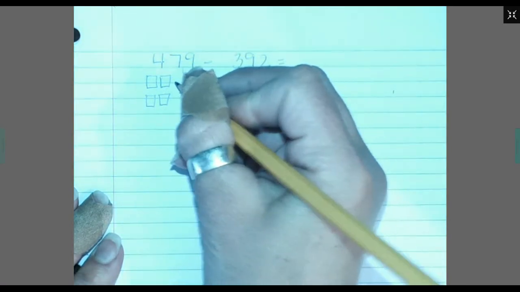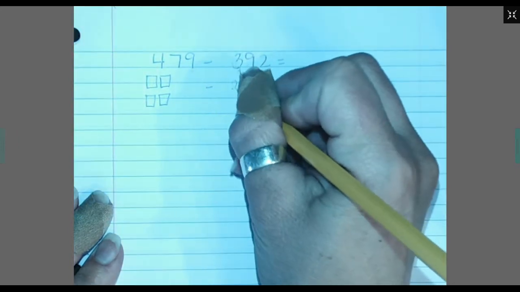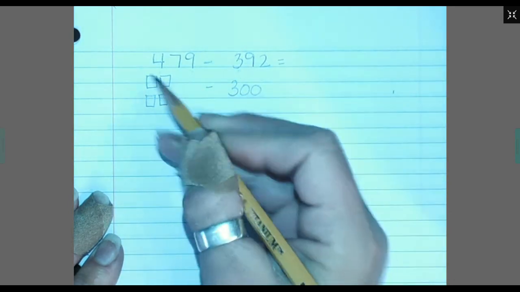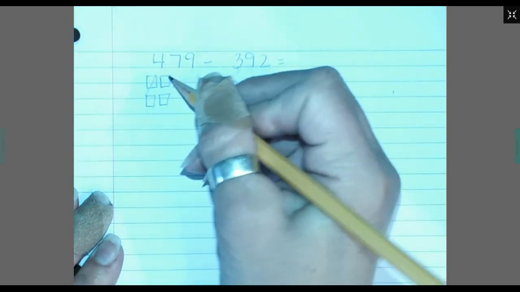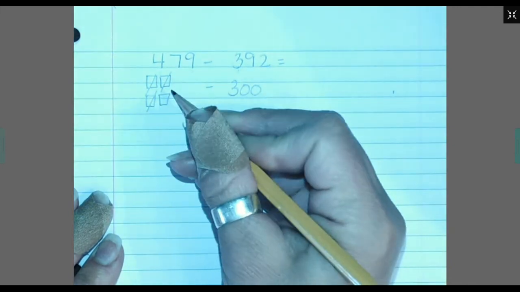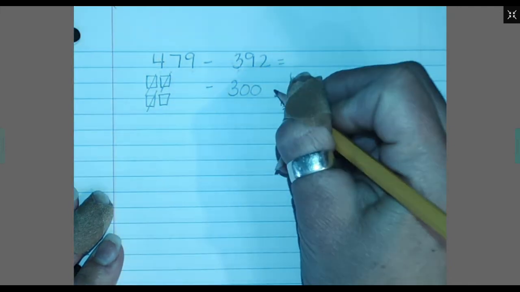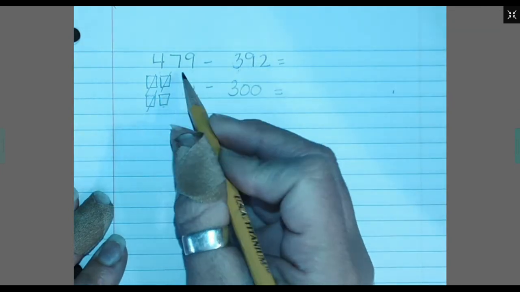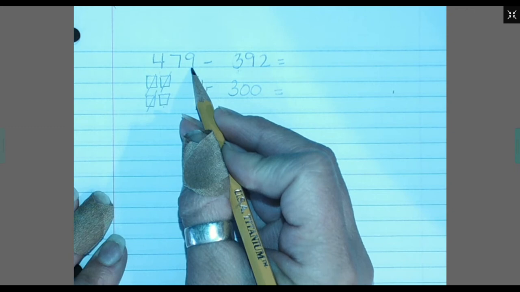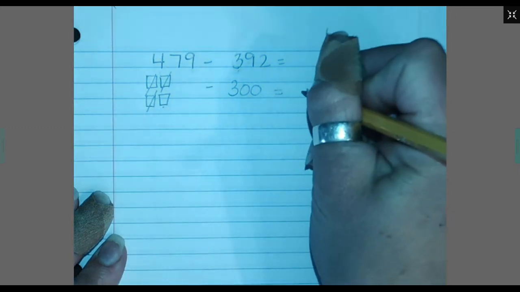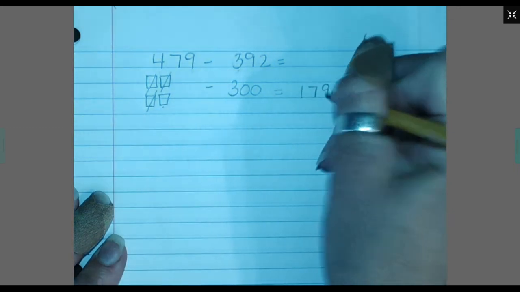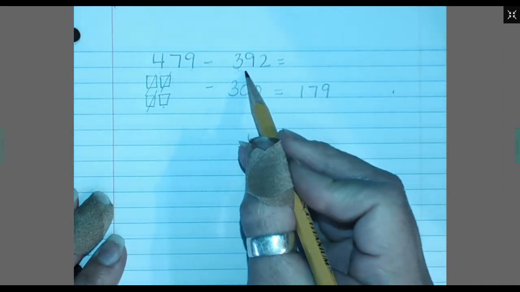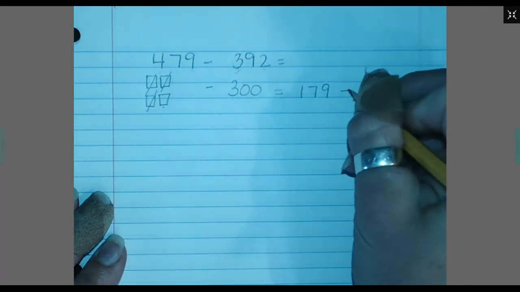I'm subtracting just my hundreds place first. So this 100 and this 100 get taken away, which leaves me with 100, and I still have 79. So 179, and since I just took the 300 away, I'm still left to take away 92.